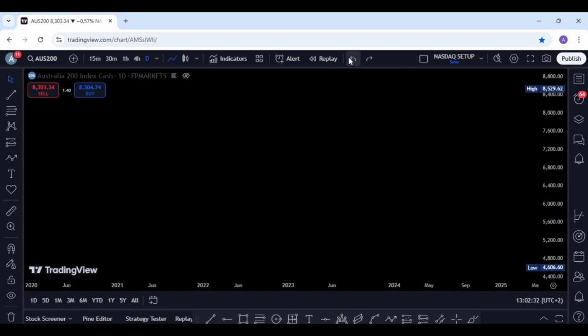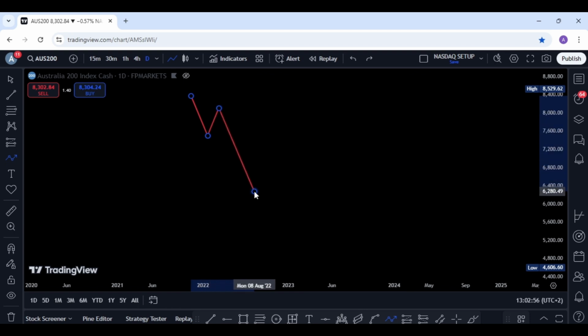And as I said in the slide there, it is when we have lower highs as well as lower lows, which indicates that there are more sellers in the market than there are buyers. So this is what you would be seeing on the chart.